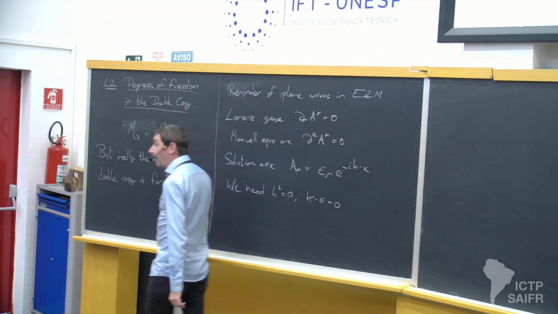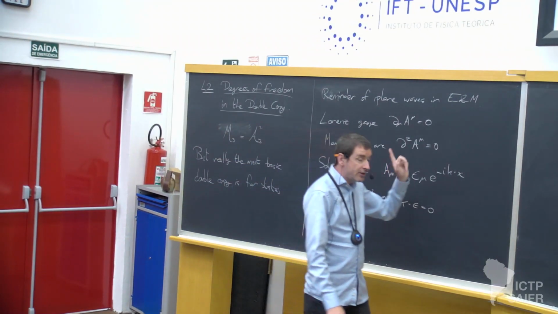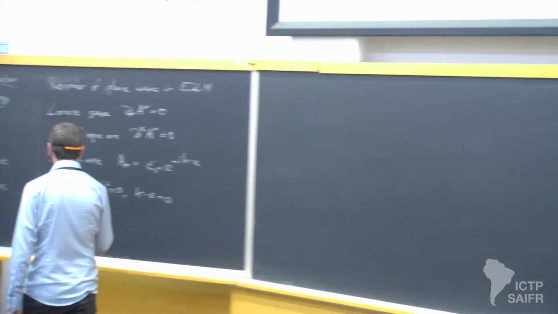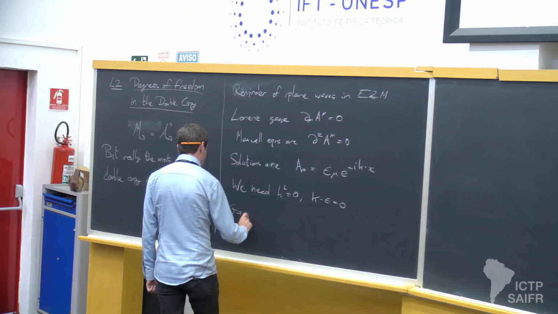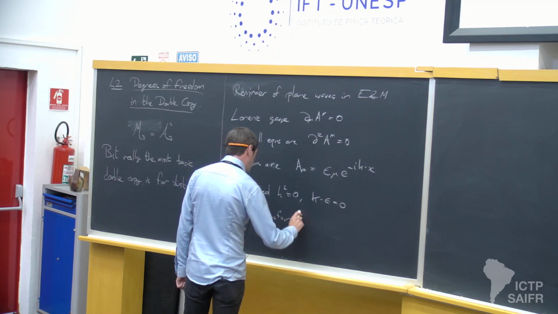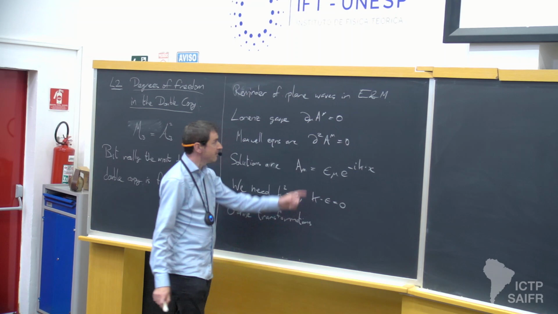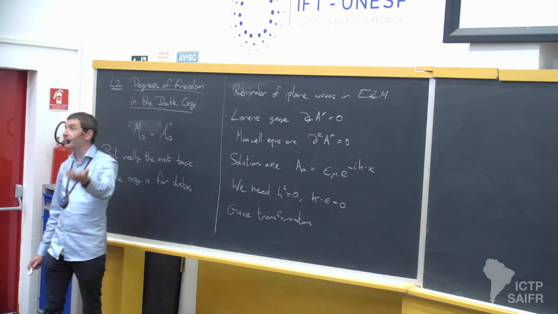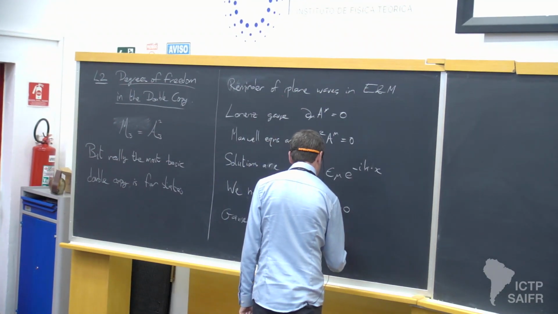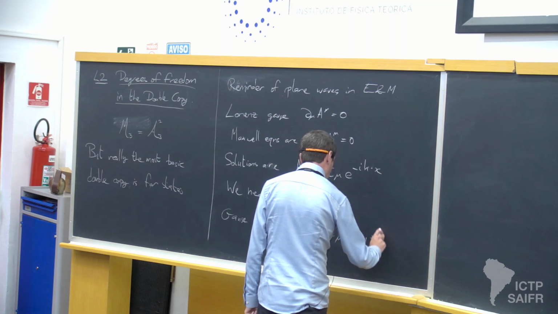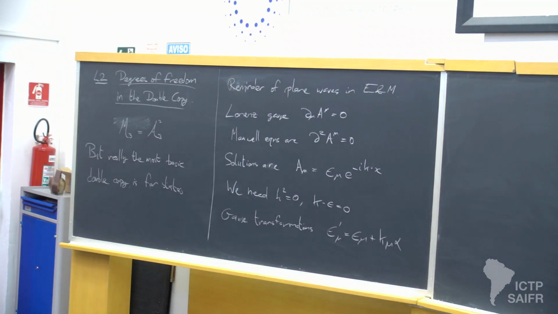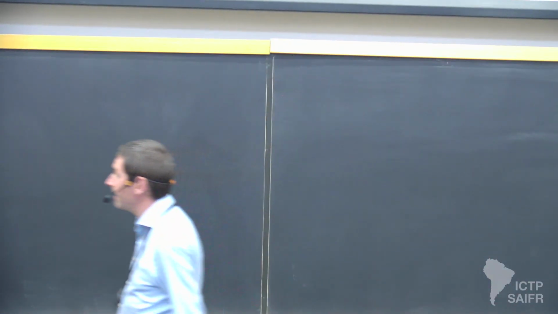Okay, so very good. So we have these solutions, but there is still some residual gauge invariance left, and that's an important thing here. So gauge transformations act on these solutions. A gauge transformation is just a replacement of A with A prime, which is A plus d mu lambda. In terms of the polarization vectors, that's this replacement, which I also talked about this morning: you replace epsilon with epsilon prime, which is epsilon plus k mu alpha.